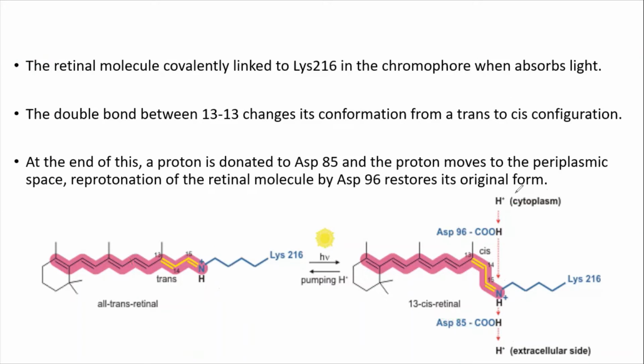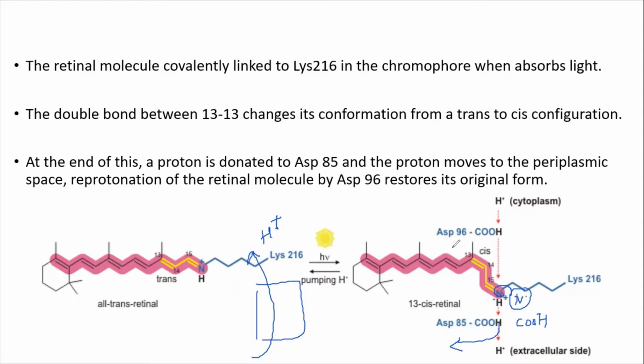I'll repeat. See, whenever we are saying that the bacteriorhodopsin is getting opened up and it is transferring H plus, what is exactly happening? The aspartic acid on the extracellular side has given its H outside. So now this is COO minus.